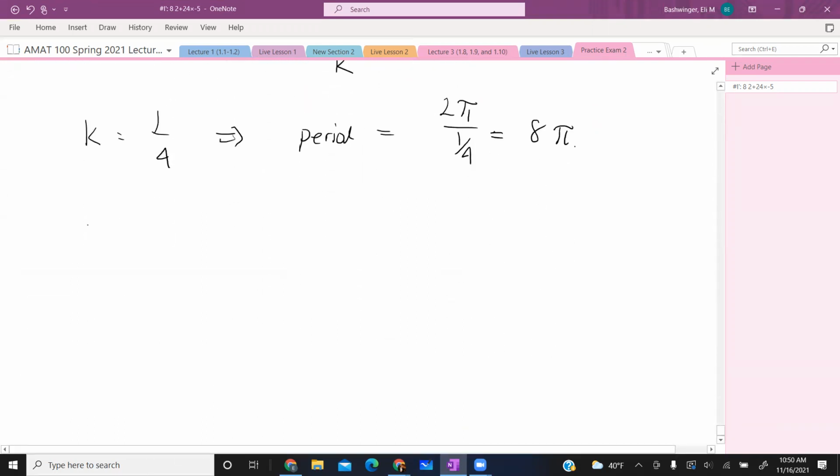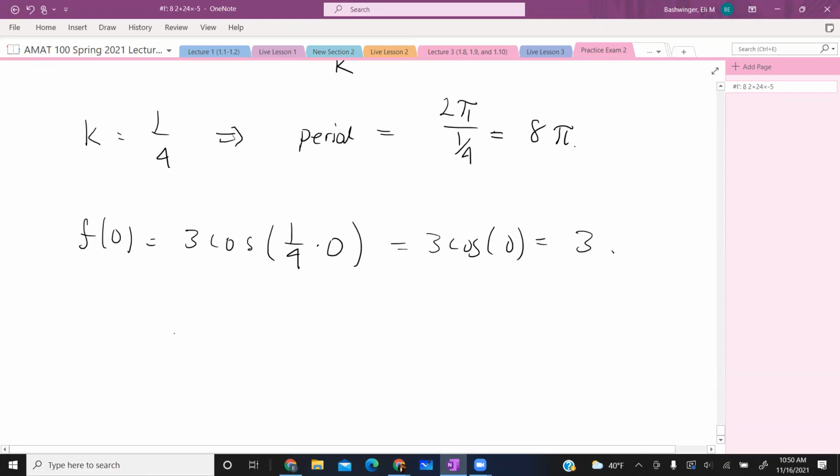Let's look at f of 0. When you plug in 0 to the function, we want to just find out what's the y-intercept. That will help us rule out some options as well. So we plug in 0. So 1/4 times 0 is just 0. So cosine of 0, and cosine of 0 is 1, remember. So we get 3.